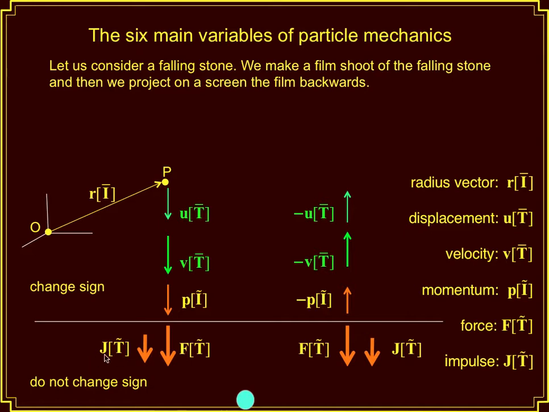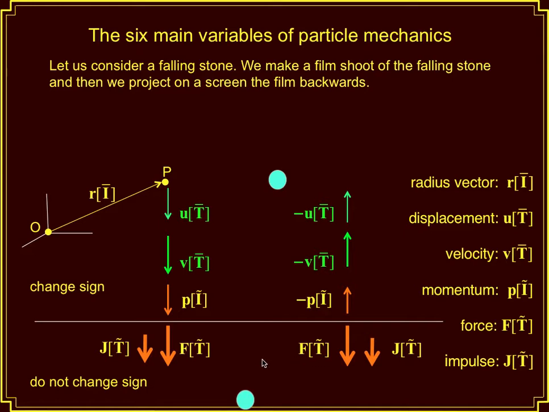On the contrary, both the impulse of the force and the force do not change sign. Now, if we consider the backward motion, you see that the force is always toward the bottom, and J, that is the impulse, also. But this variable changes sign.